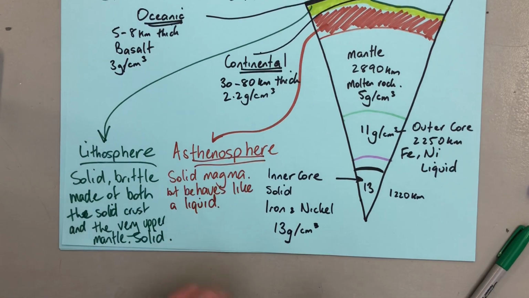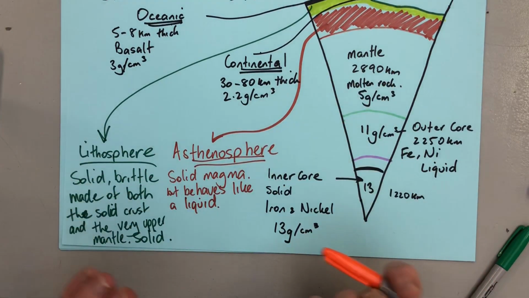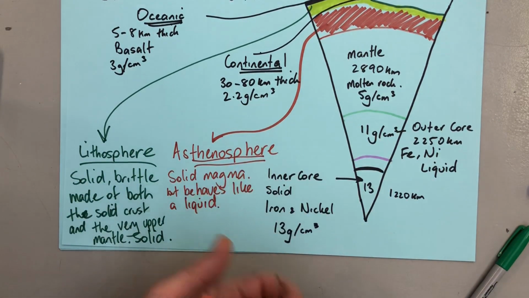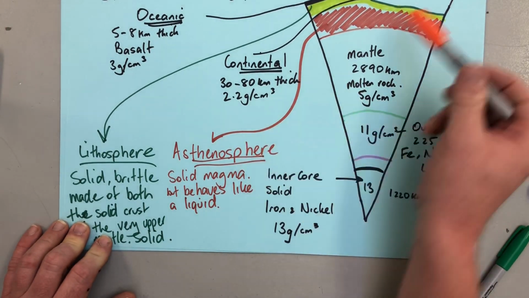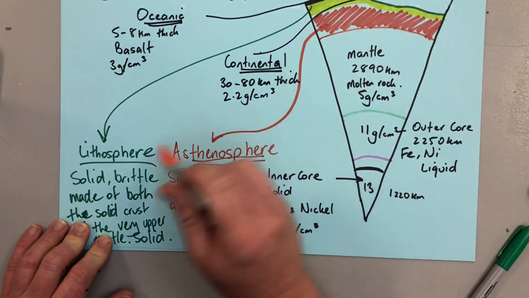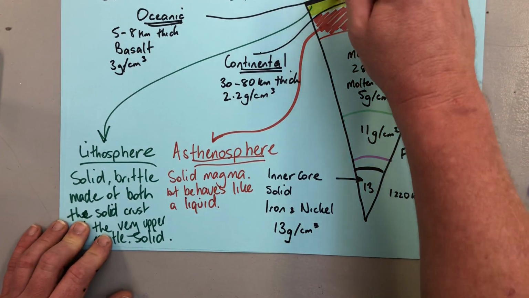Now, if you think about a solid that behaves like a liquid, think about Play-Doh. Play-Doh is a solid. However, you can bend it around so that it can move, in a way, like you would move a liquid. So, here we have the asthenosphere, and we have the lithosphere, continental crust, oceanic crust.